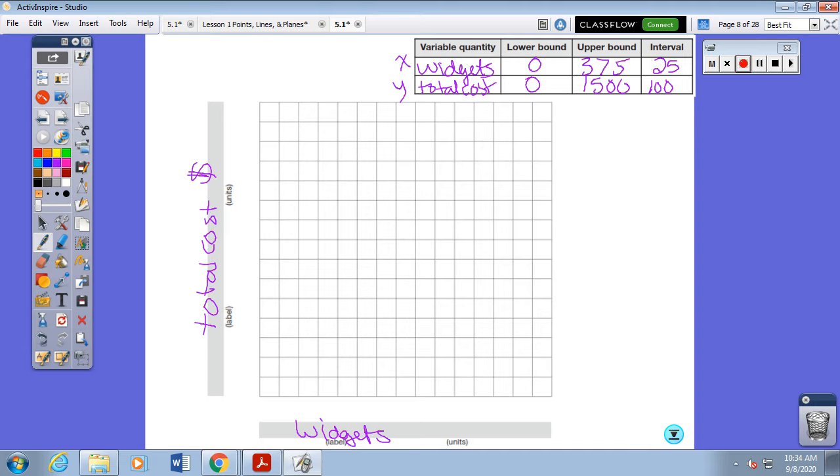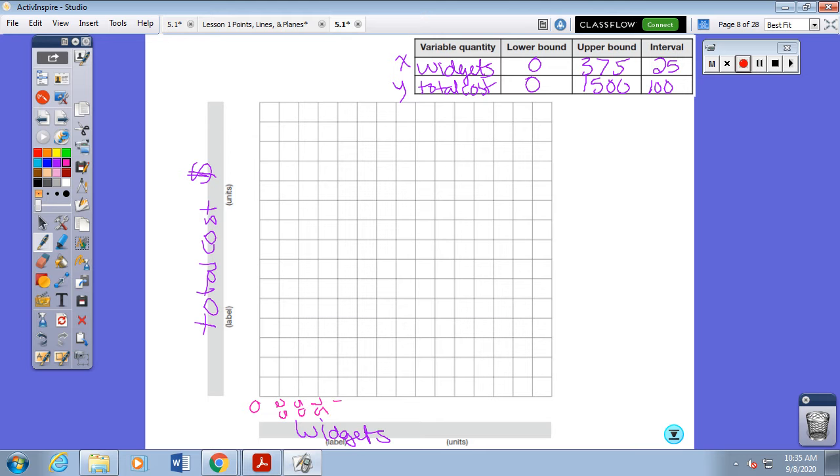Okay. Then fill in our graph here. Change colors. So we have 0 here. We have 25, 50, 75.